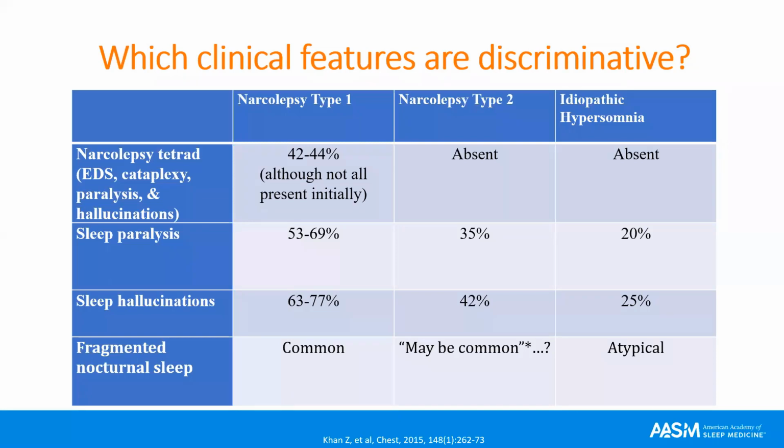Fragmented nocturnal sleep is very common in narcolepsy type 1 because it is a problem of state control. It is very atypical in idiopathic hypersomnia because that is a disorder of hypersomnia. Narcolepsy type 2 is not as well studied. There is, in a consensus paper, this statement that fragmented nocturnal sleep may be common in narcolepsy type 2.